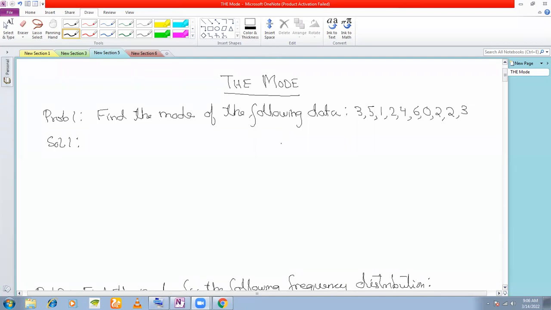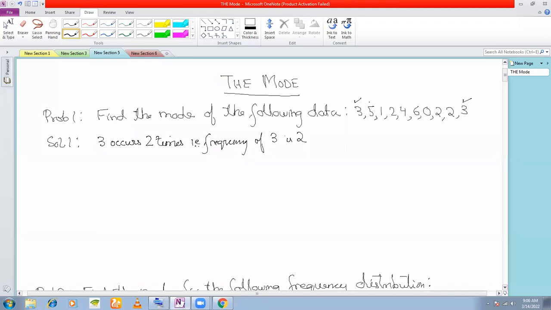If you see, 3 occurs twice only, here and here, right? You don't need to write. I'm just writing this for you. 3 occurs 2 times. That is, frequency of 3 is 2, right?